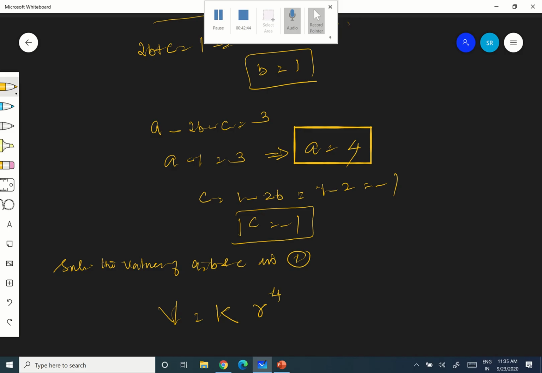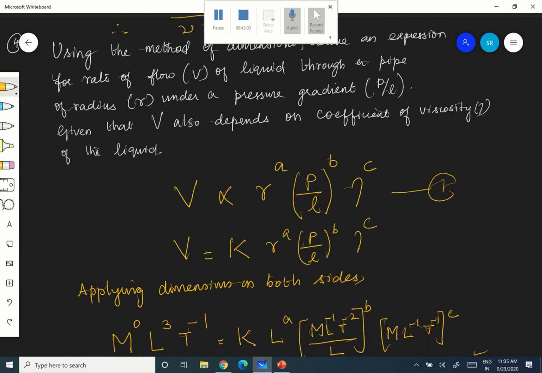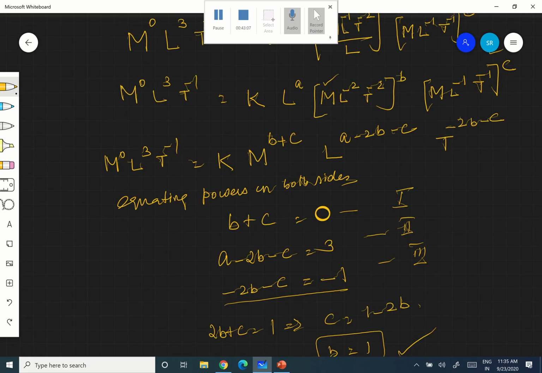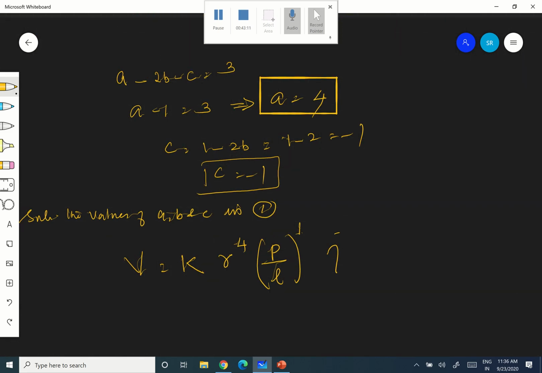And P by L power B, B here is nothing but 1. And eta power C. See the equation, the first equation, from that only I am telling. V is proportional to R power A, P by L power B, eta power C. Therefore, substitute that. Eta power C is minus 1.